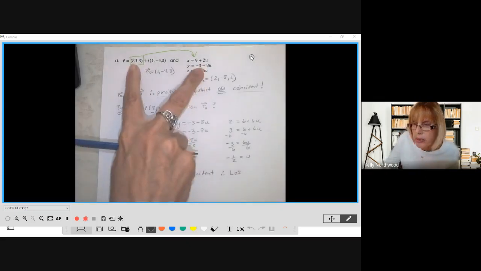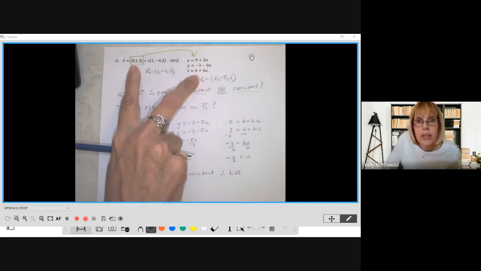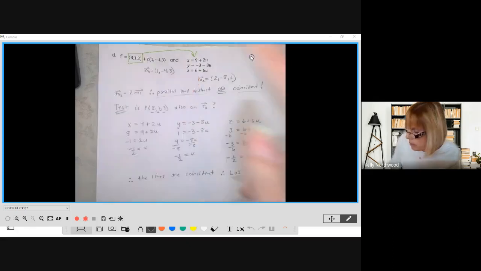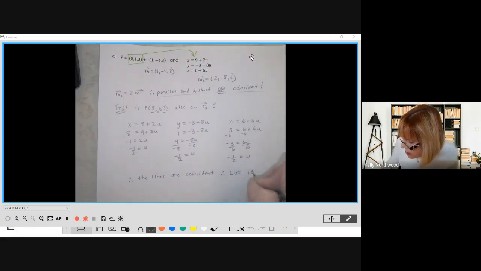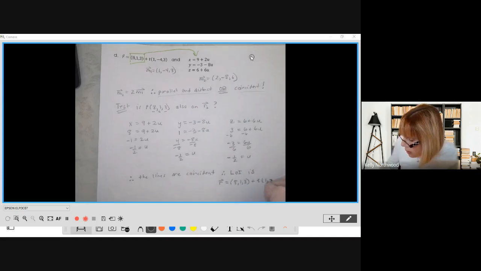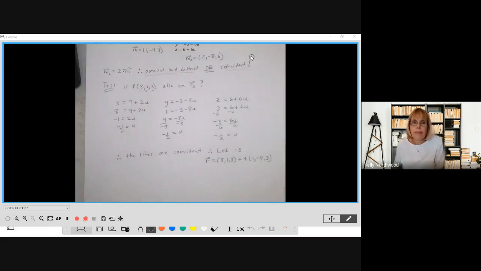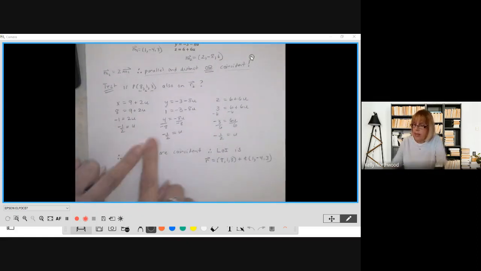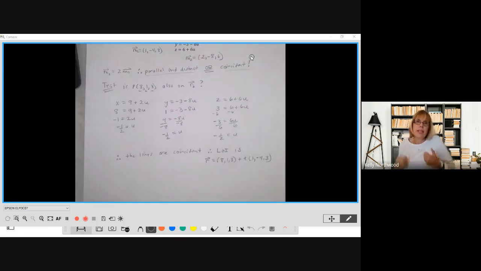And you can state either of these as your line of intersection because really they're just two ways of writing the same thing. Line of intersection is r equals, I'll just use the vector form, 1, -4, 3. And if I hadn't got the same u's, I would have said the lines are parallel and distinct and there's no intersection.